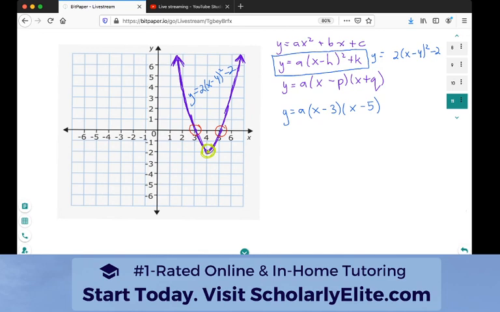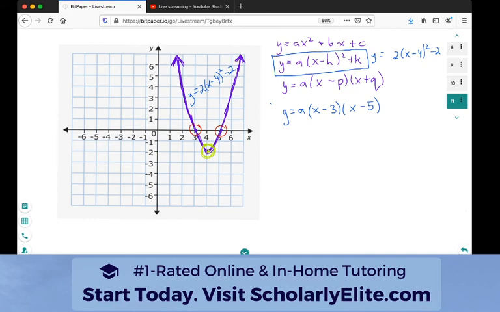Okay? But you need to remember that you haven't solved for your a term yet. And the a term, no matter which format you've put it in, has got to be 2 because it's describing the exact same graph. So in order to do that, we're going to plug in a value. In this case, I'm going to plug in the value of the vertex because that's another value that I know exists for sure.